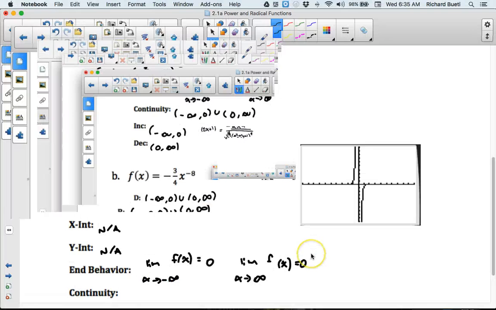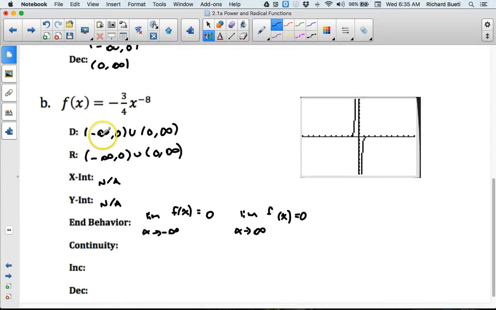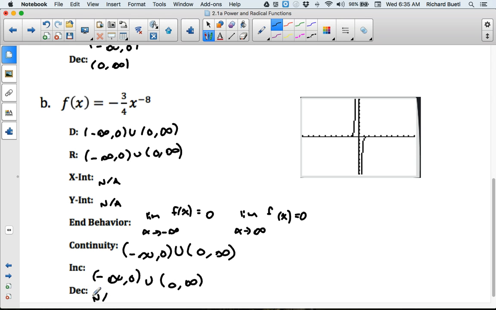Continuity is going to be the same as the domain: negative infinity to 0, union 0 to infinity. The function is increasing from negative infinity to 0, and it's never actually decreasing, so it's also increasing from 0 to infinity. So union 0 to infinity, and it is never decreasing.